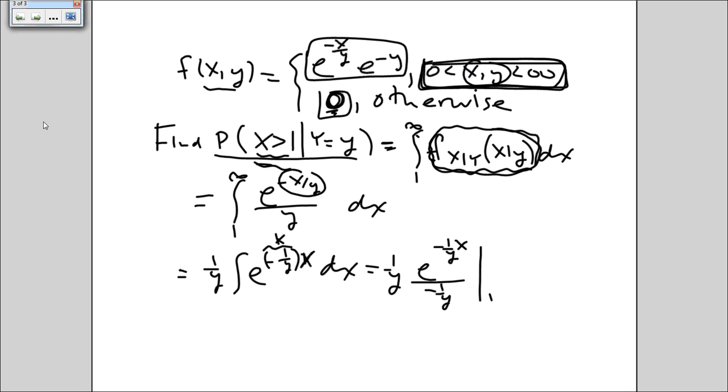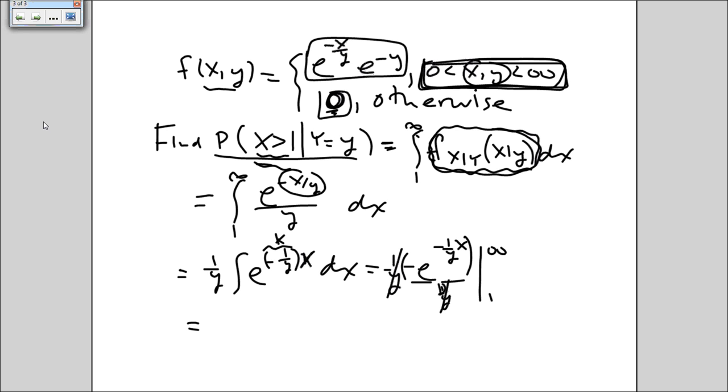And this is going from 1 to infinity. Okay. Negative 1 over y cancels. Dividing by negative 1 just changes the sign. That is, you can get rid of the negative and just put it on top. This is what we have.